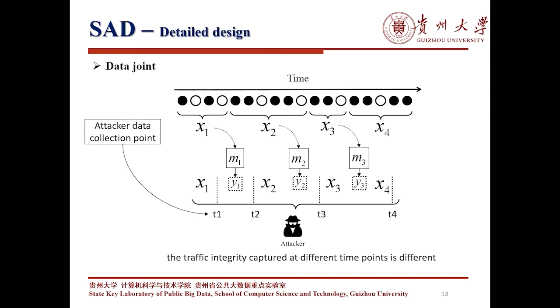Within the model, the generated data needs to be connected with the original data in order to generate a complete adversarial example. Finally, the attacker gets the complete adversarial example. If he stops collecting traffic at T1, T2, or T3, he will not get the complete traffic to attack.